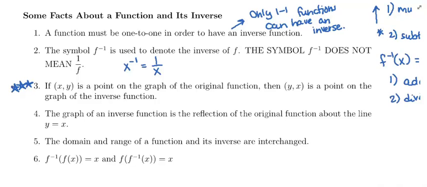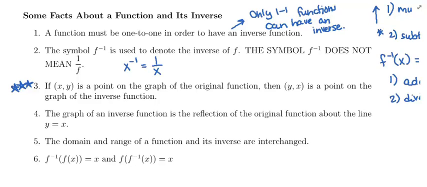If you just switch x and y, the point (y, x) is going to be a point on the graph of the inverse function. What you'll see in a few minutes is that to find an inverse function, it comes down to switching x and y.